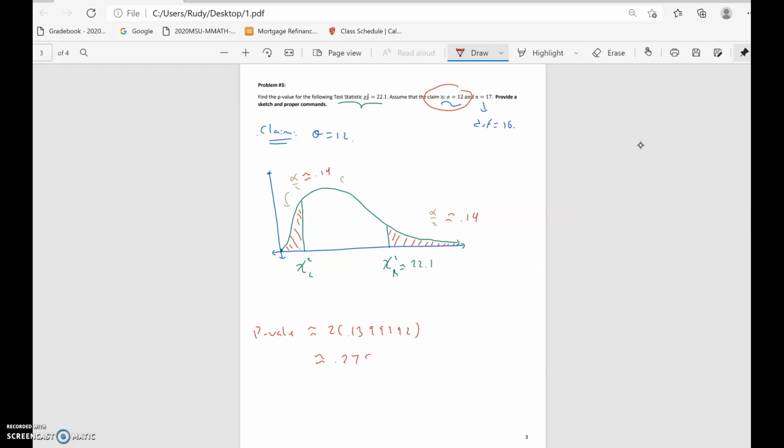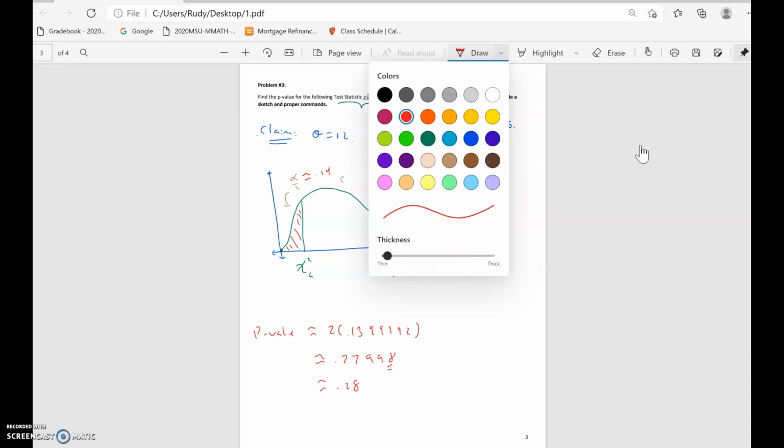Or if you just round it to 2 decimal places, 0.28 would be perfectly fine.